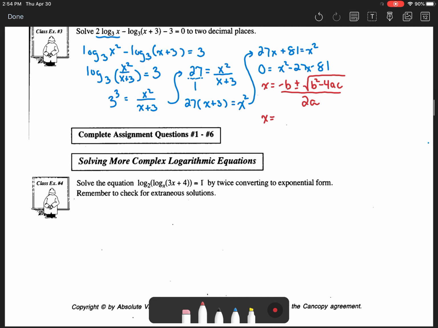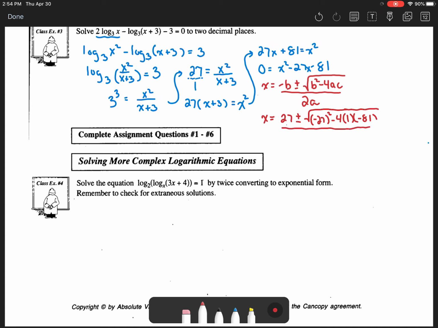When I substitute those values in, you're going to get x equals negative b, which is negative negative 27, so 27, plus or minus the square root of negative 27 squared minus 4 times a times c. Just remember that this radical sign must extend over that whole calculation.